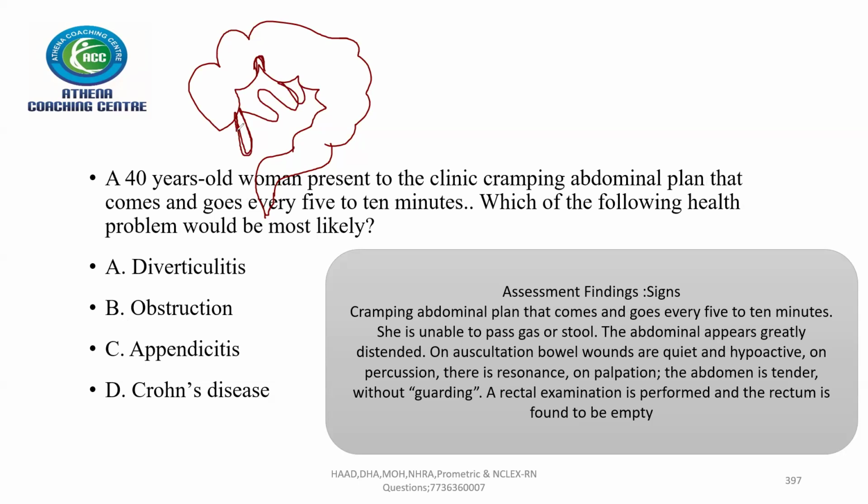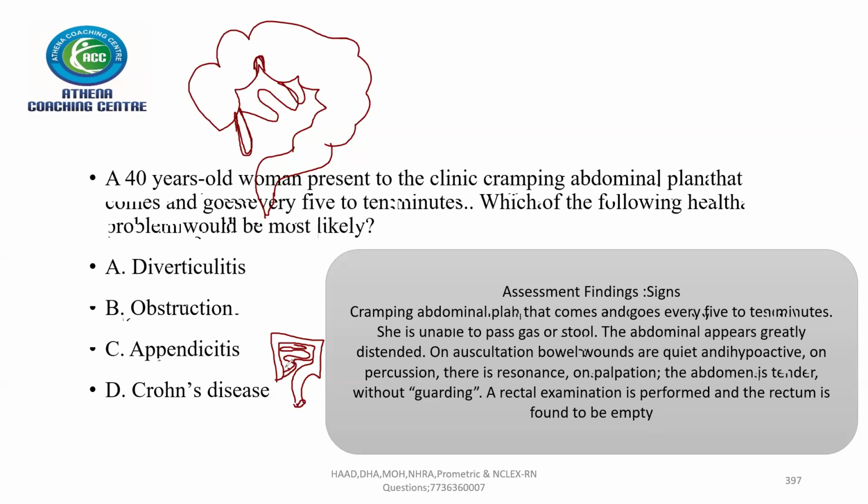Okay. What is Crohn's disease? Inflammation of the lining of the digestive tract. It can be inflammation anywhere in the digestive tract, but when we learn the incidence, it is commonly found in the small intestine, the ileum.